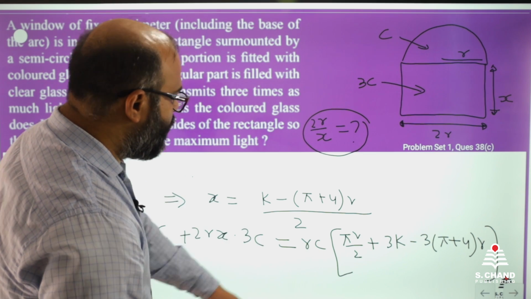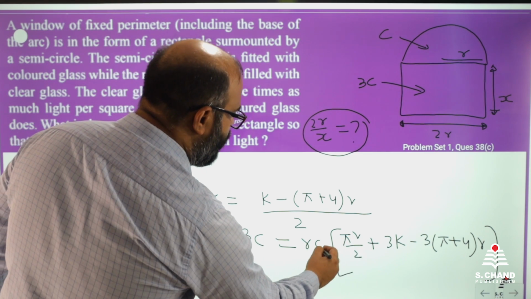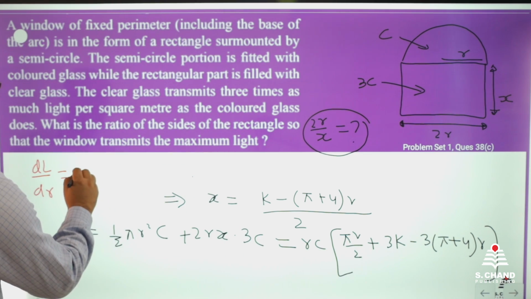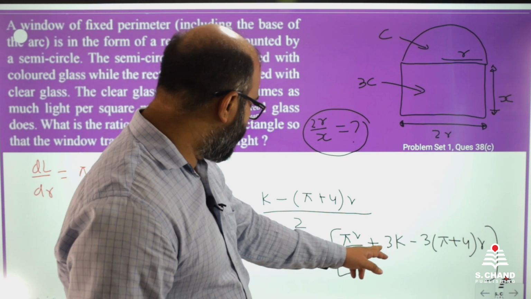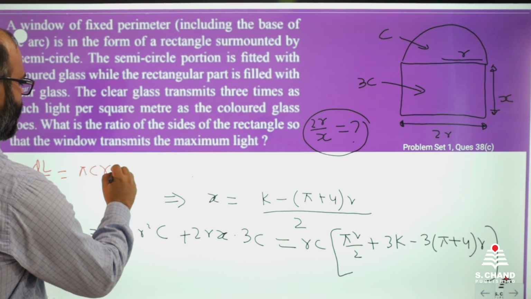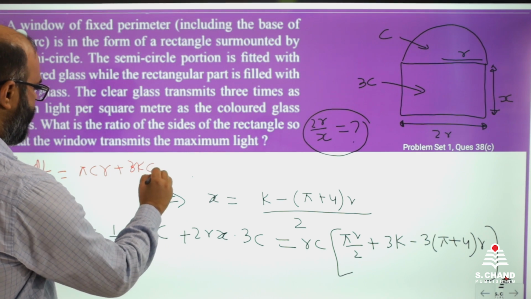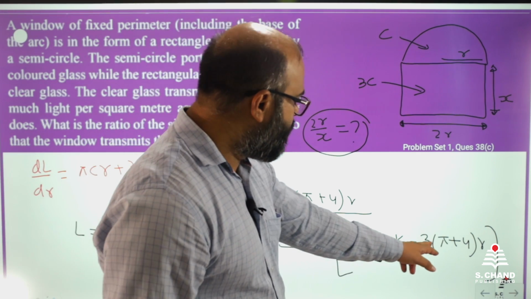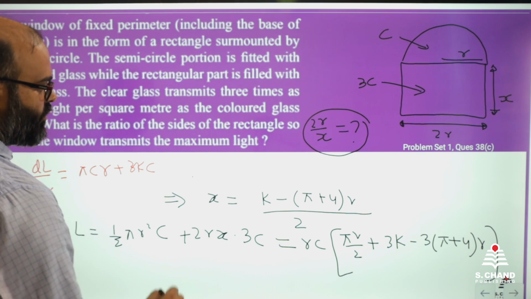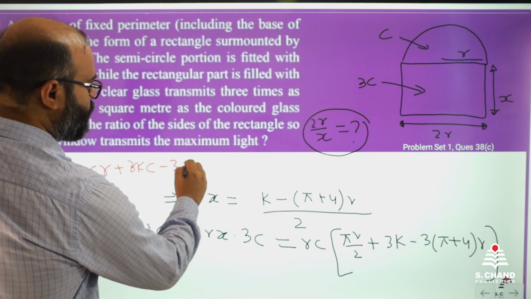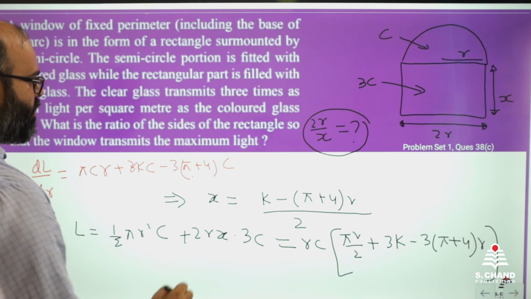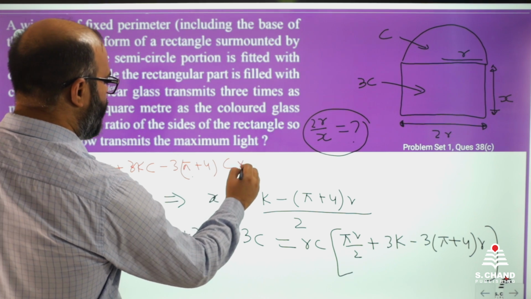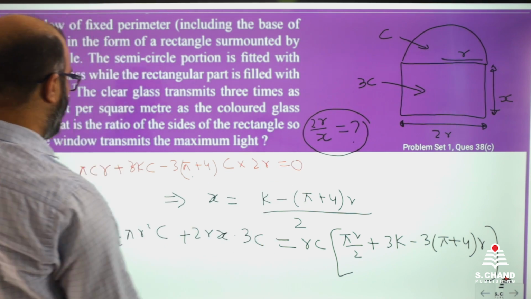So this will become pi into c r square by 2, so pi c 2r, so r it will become. And here 3k c into 1 minus 3 pi plus 4c into r square will be 2r, like this, and equate it to 0.